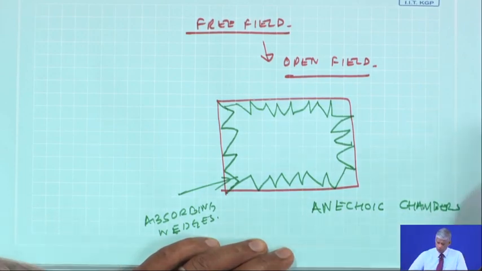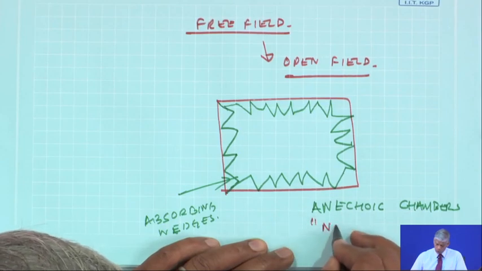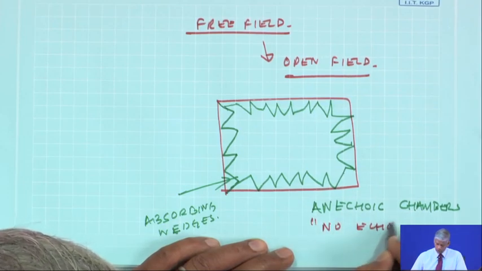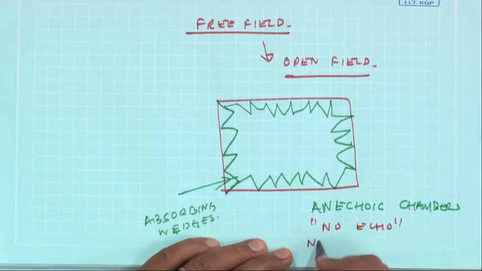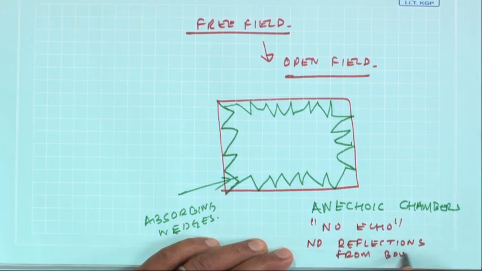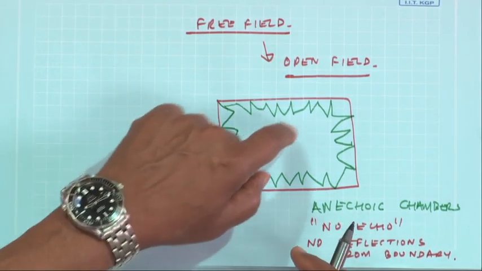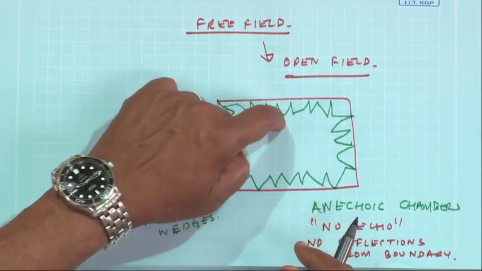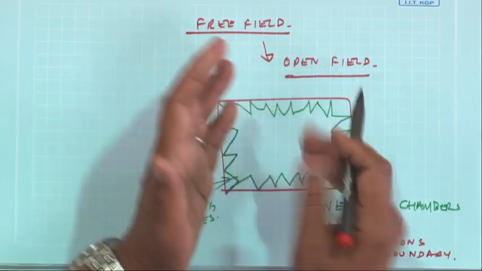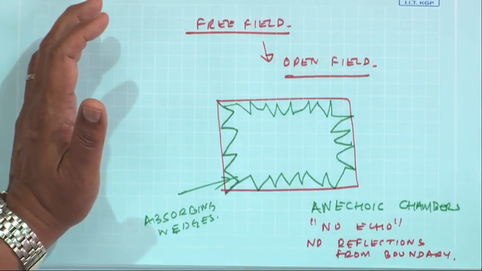That means no echo. That means no reflections from the boundary. So the reverberation effects are not there, and everything which is going out will not get reflected back.